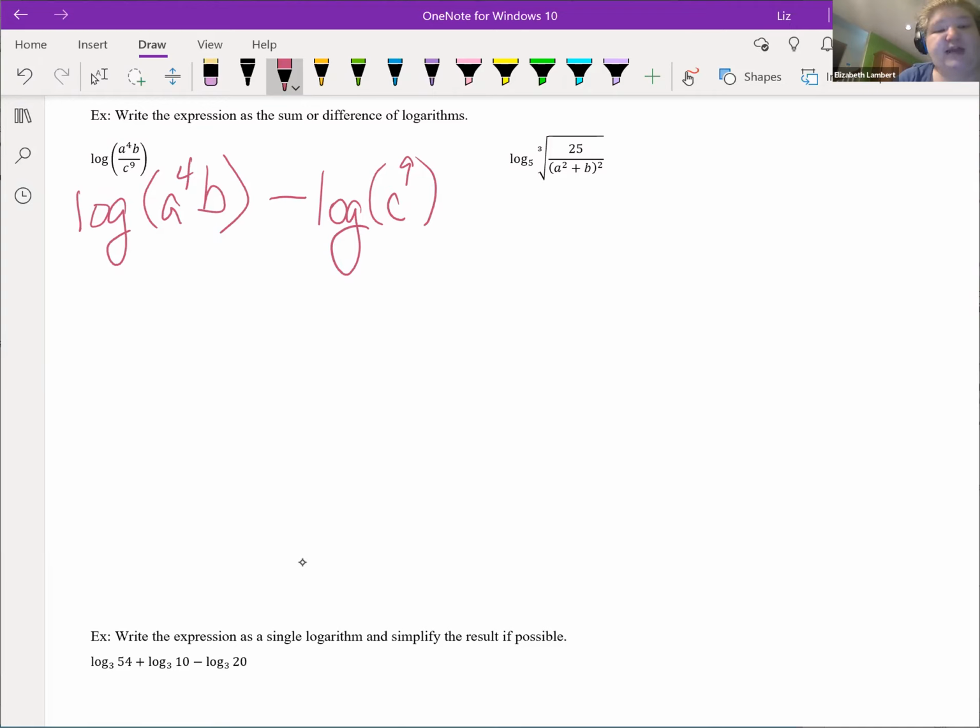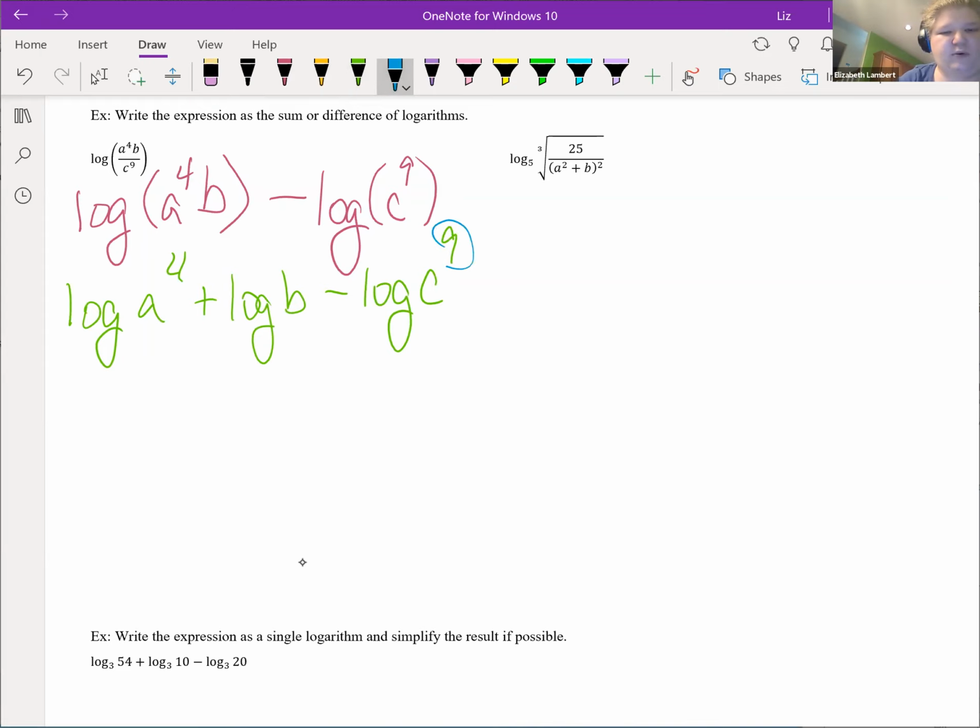So the log of a to the fourth b. Before I deal with the powers, I want to deal with the product here first, because that fourth power is not on the b. So I need those separated before I can use my power down rule. So now we are just going to break this into the log of a to the fourth plus the log of b minus the log of c to the ninth.